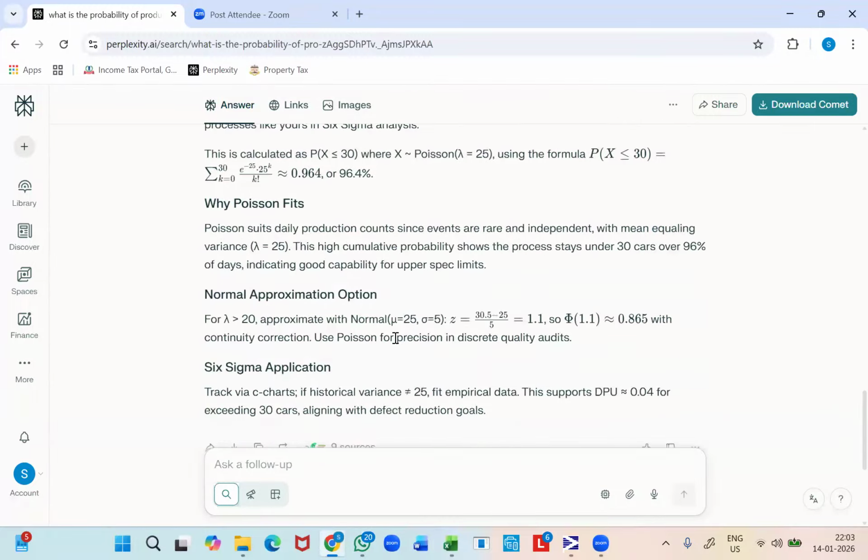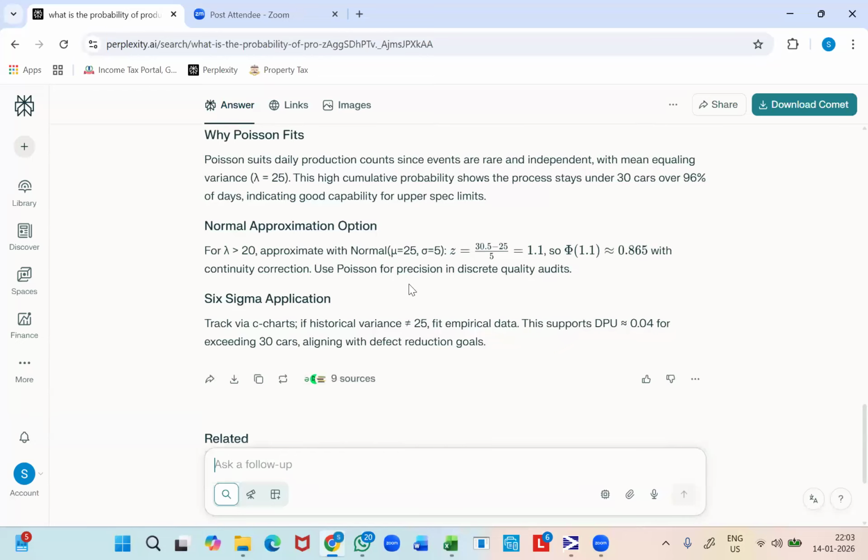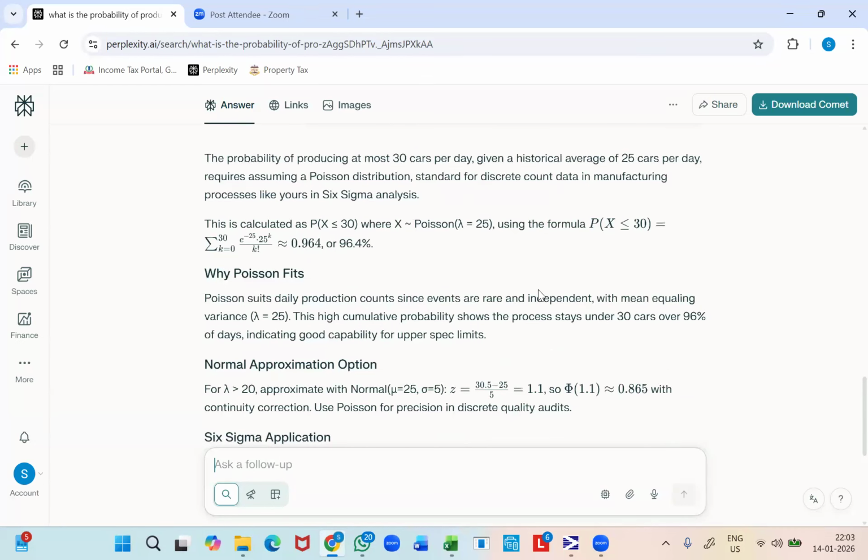This is the problem. I have tried out using this. Sometimes the same AI tool gave me the correct answer, so it's not like we are getting incorrect answers each and every time. The same AI tool gave me the correct answer when I tried this for the previous batch. The same prompt was given, it's not a different prompt. That's what I'm saying. So it's still not consistent, right?